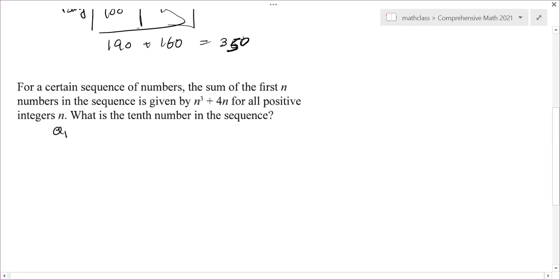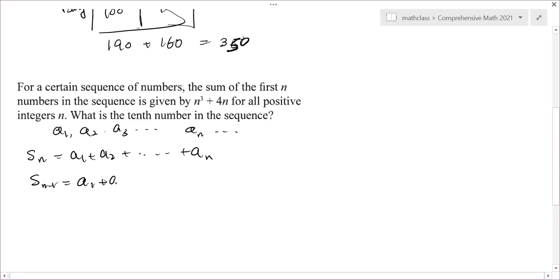You have a sequence A1, A2, A3, An, and so on. Add them together. This is called the sum of the first n terms. Based on this formula, if you take the sum of n minus 1 terms, you get the sum S of n minus 1.